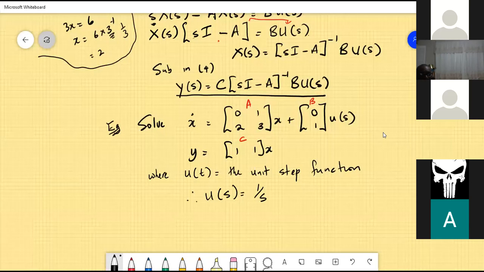So the first thing I'm going to write down is what is sI minus A. That would be s times the matrix 1, 0, 0, 1, the identity, minus A, which is 0, 1, 2, 3.